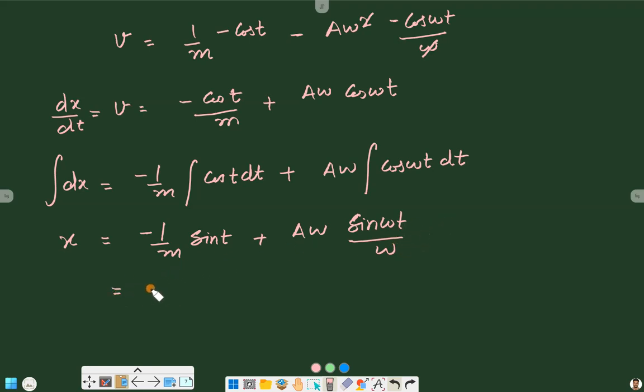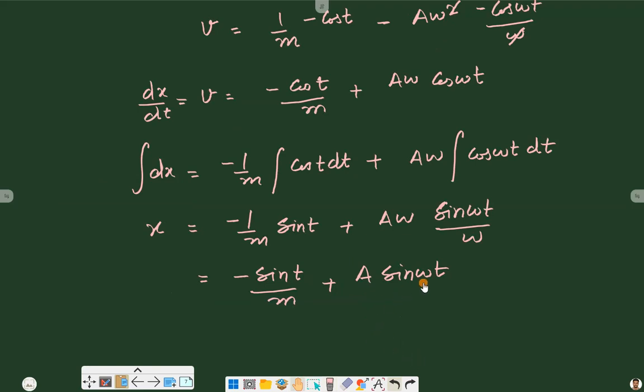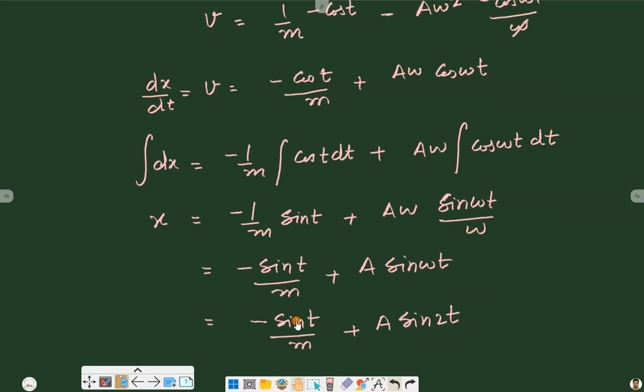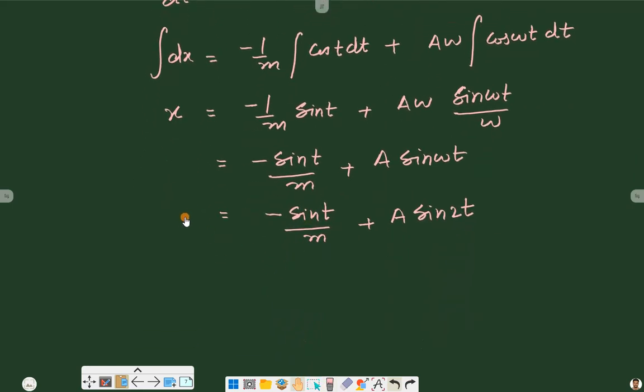So this will become minus sine t by m plus, omega get cancelled, a sine omega t. Now we know value of omega, that is 2. So this will become minus sine t by m plus a sine 2t, and this is equal to x.